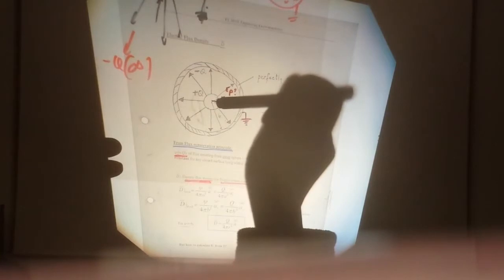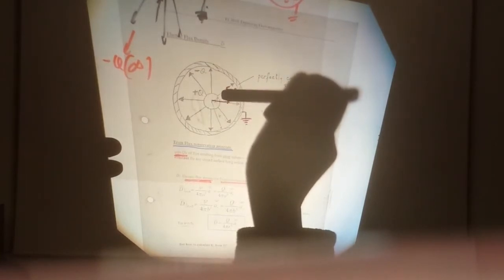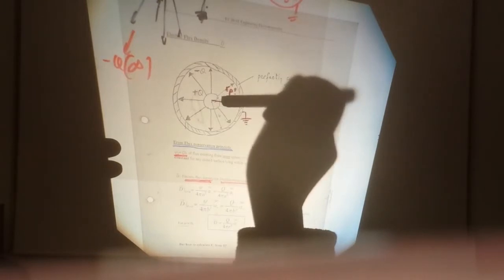But that method is too complicated, too involved, because now if you look carefully at this picture, you can see that for the same distance R from plus Q, for any angular orientation, so long as I keep R constant, the value of the field will be the same. The value of the flux density will be the same.